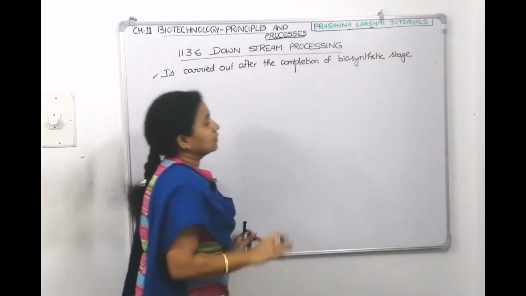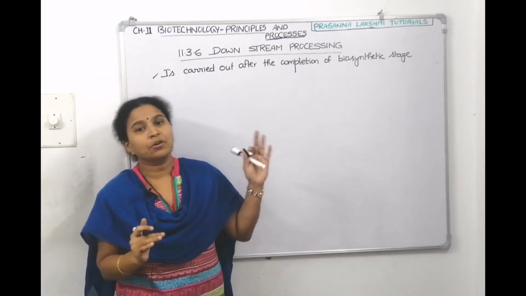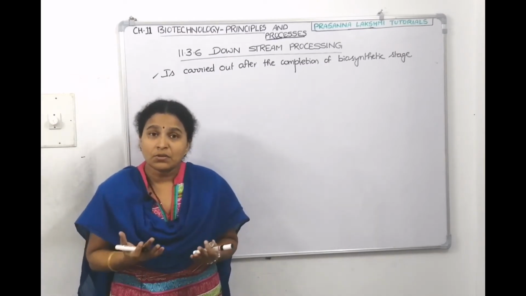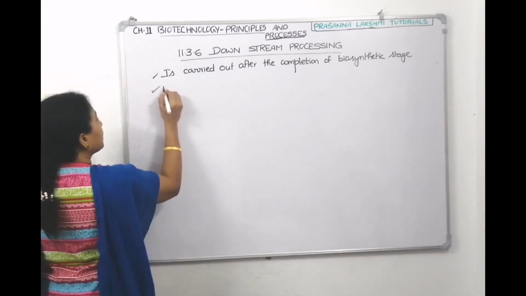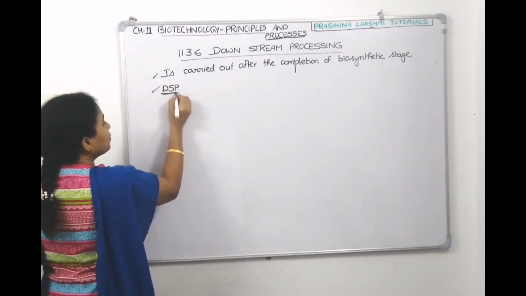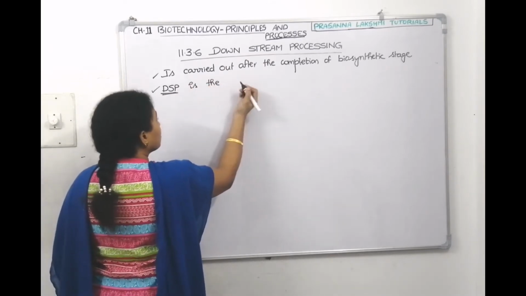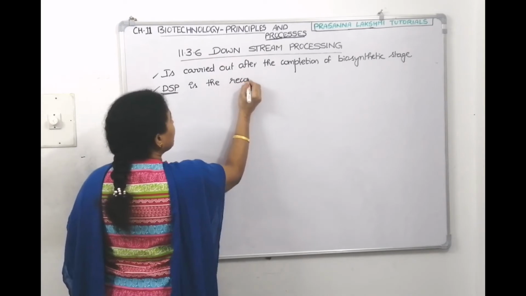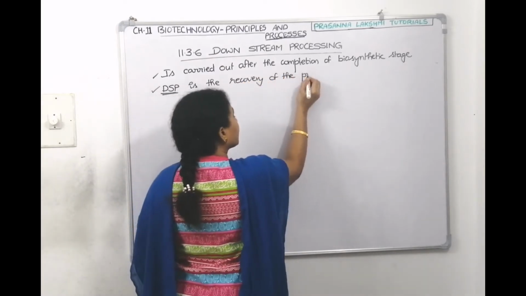In the bioreactor. After everything gets completed in the bioreactor, then we will come to downstream processing. What is downstream processing? It is the recovery of the product.